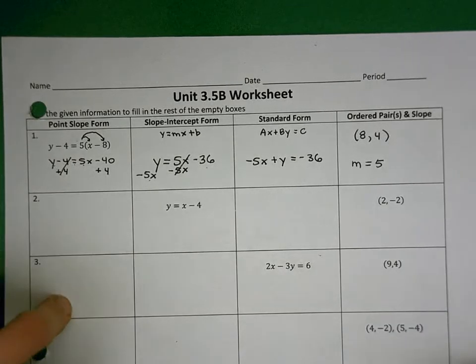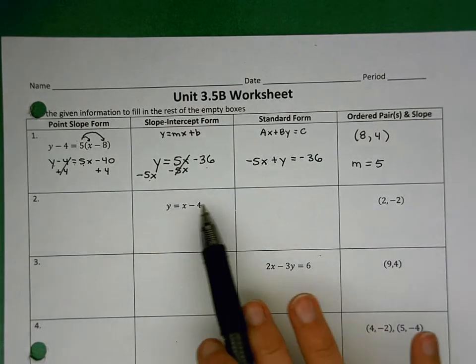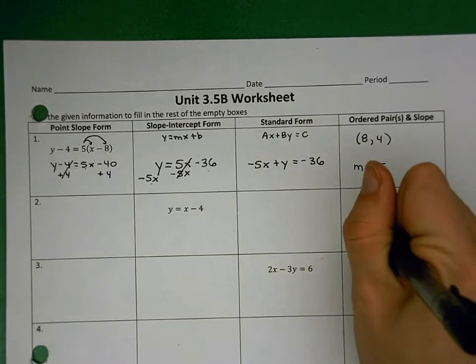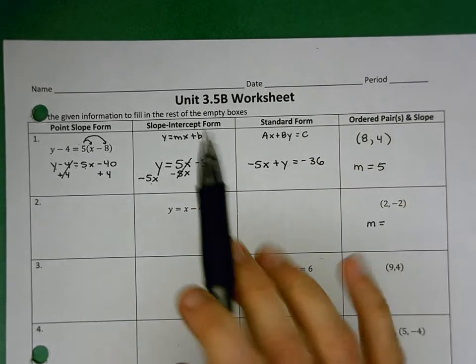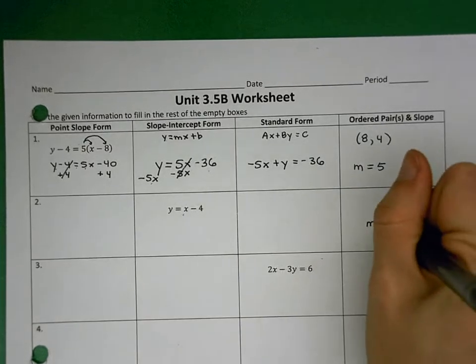Okay. In number 2, we are given an equation in slope-intercept form, and we are given an ordered pair, a point. So first let's go ahead and identify what is our slope. In slope-intercept form, your slope is the number attached to the x. And I can't see it, but it is there. That number attached to the x is 1.